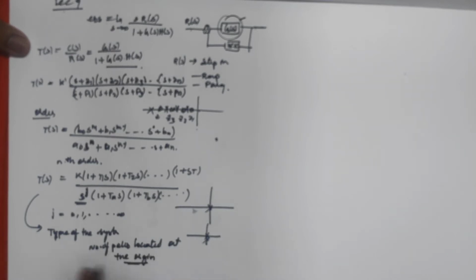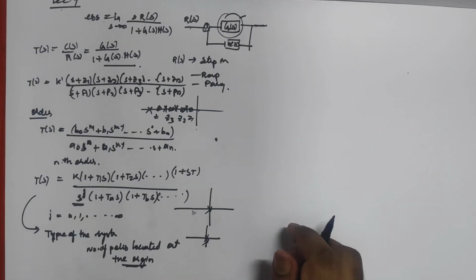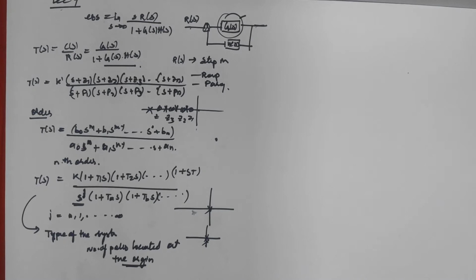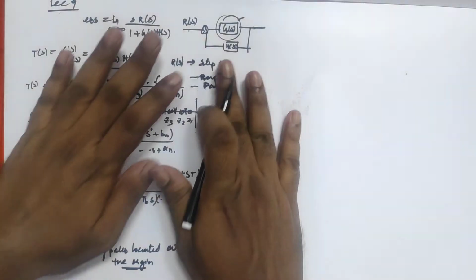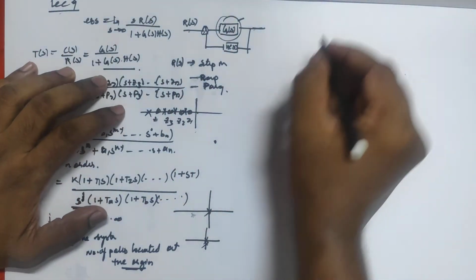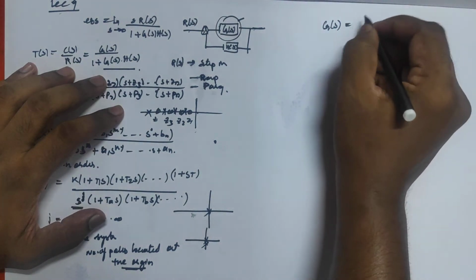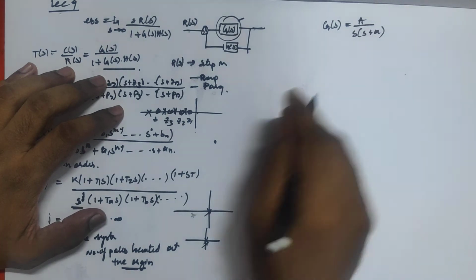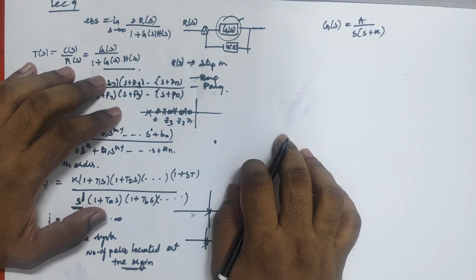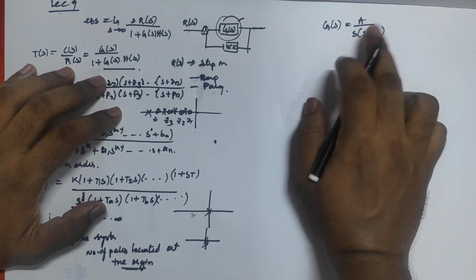At this junction I want to give some clarity: what is the difference between order and type? Let us say I have a G(s), my main system, as a by s into (s plus a). By looking at this, the type of the system, having one pole at 0, is 1, and the order is 2, a second order system.